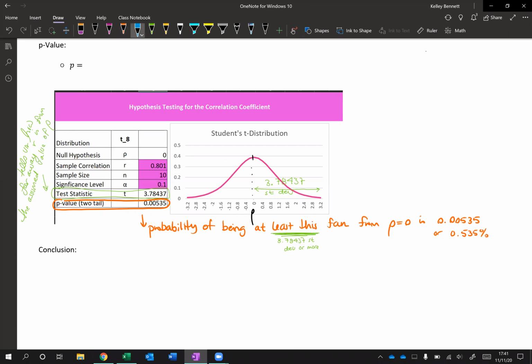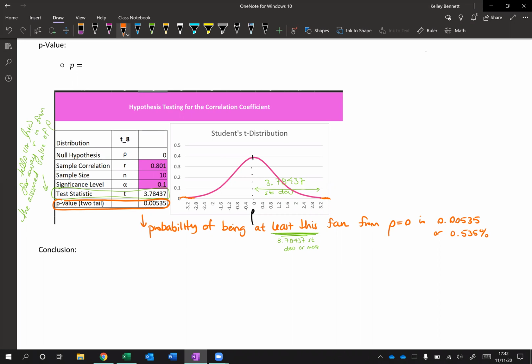Now let's look at what that really means. So it's just talking about the area on these two tails, right? I think my graph isn't really doing me any justice here because it's cutting off. But you can imagine that you're at these two tails.